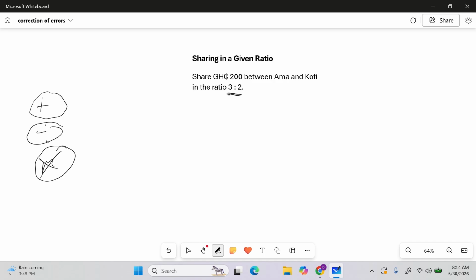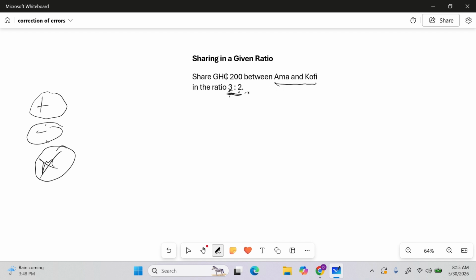Let me explain this one for you. The 3 to 2 means that we go by the names. So we have Amma and Kofi, and I have the ratio 3 to 2. It means respectively that the 3 is for Amma and the 2 is for Kofi.